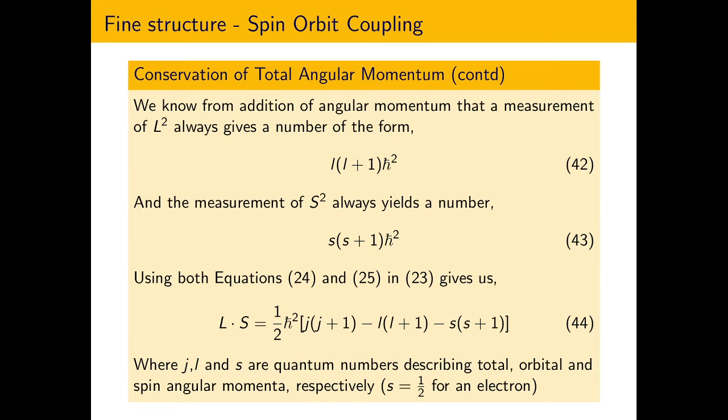Using both equation 42 and 43 in equation 41 and rearranging, L dot S equals this expansion right here, where J, L and S are quantum numbers describing total, orbital and spin angular momentum respectively. We know that spin is half for an electron.